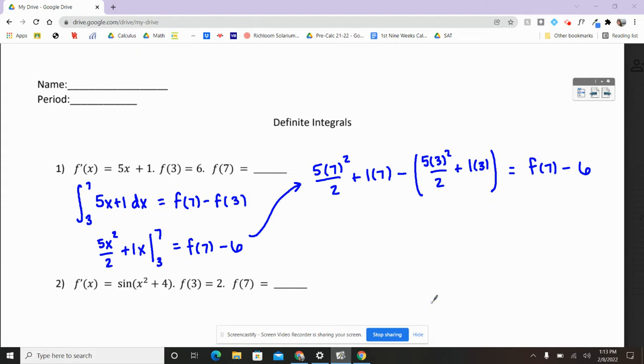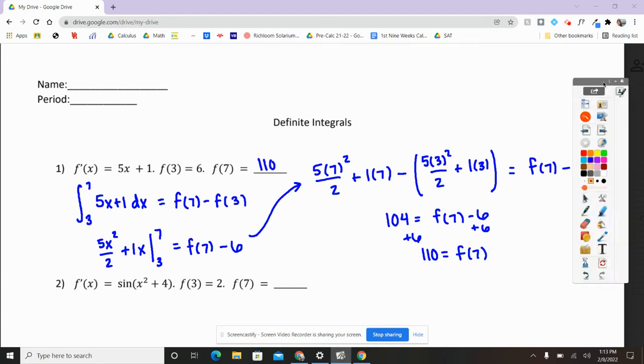And you're going to end up getting 104. So I know 104 equals f of 7 minus 6. That means if we solve this equation, I just have to add 6 to both sides. So I get 110 equals f of 7. And that would be our answer.